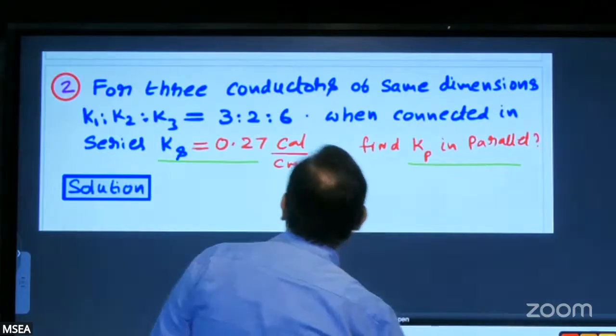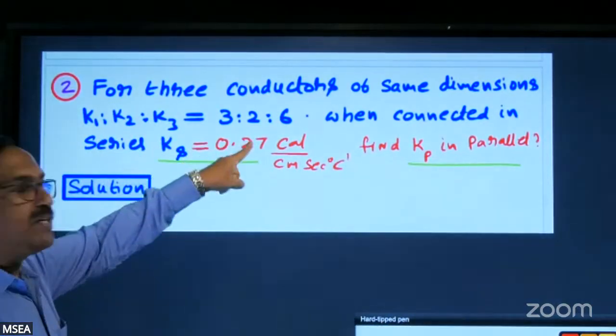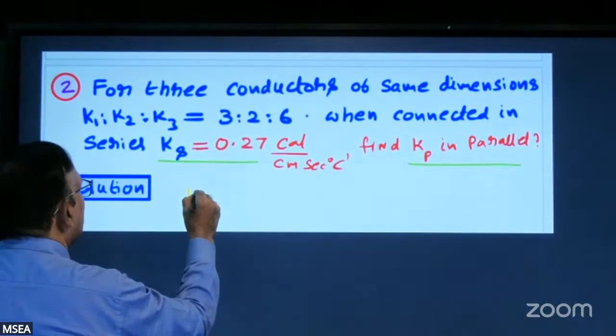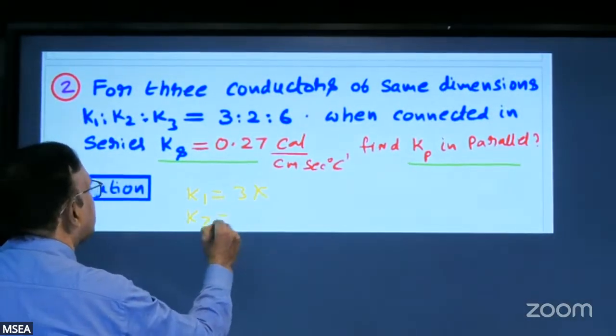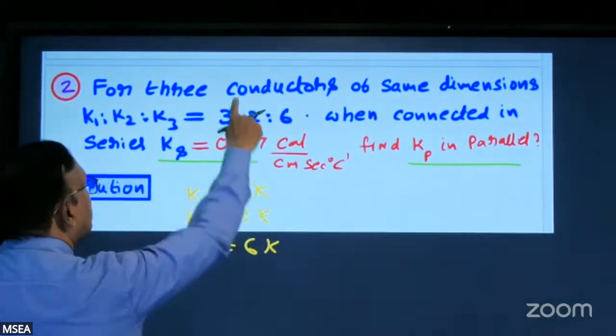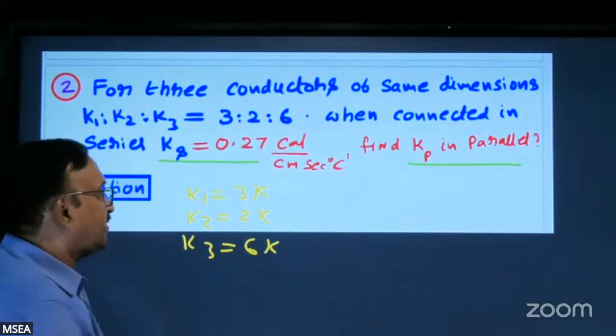To begin with, K1 is to K2 is to K3 is given as 3 is to 2 is to 6. So I need not tell you that K1 we take as 3K, K2 is equal to 2K, and K3 is equal to 6K, because their simple ratio is 3 is to 2 is to 6. He has given the details about Ks there.